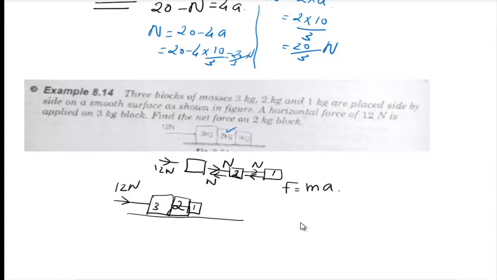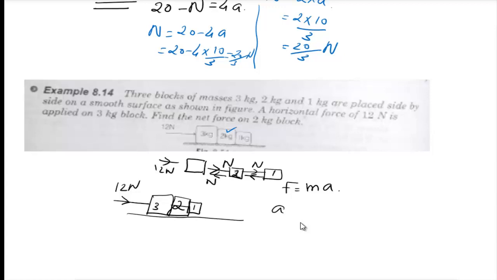So all other forces are getting cancelled on the 2 kilogram block. Therefore, we can find the force as mass into acceleration. That only is required, because the 2 normal forces are there on both opposite sides, so they will be getting cancelled. Only F equals ma will be acting.